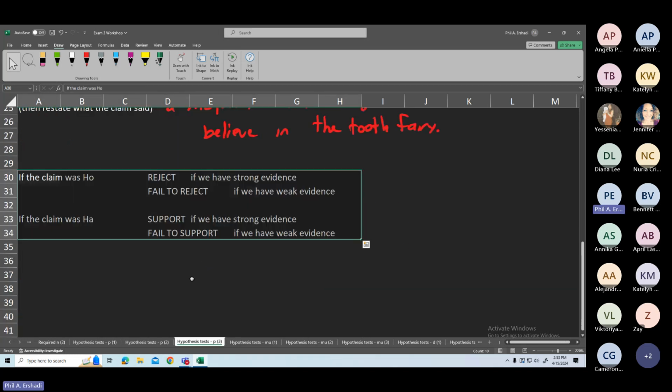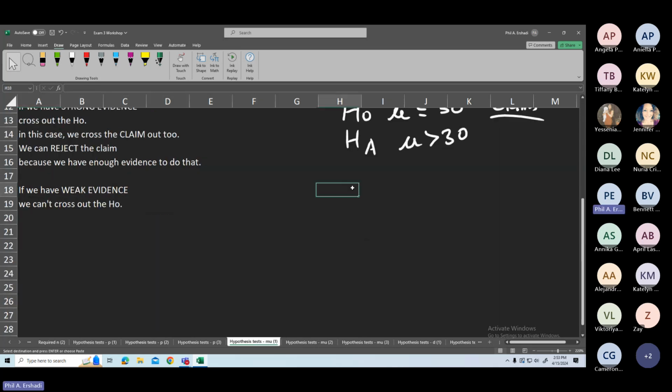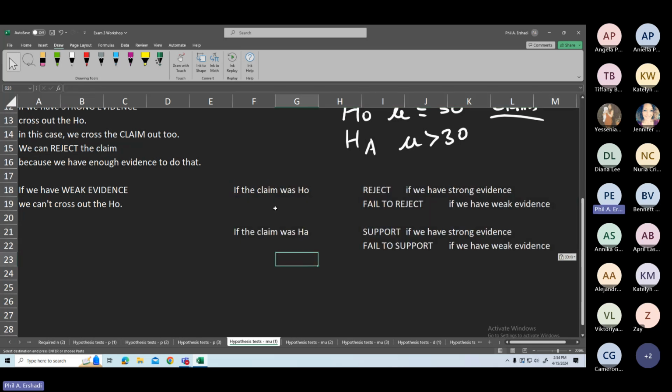Just to make sure we understand this. So if the claim was null, we reject if we have strong evidence and fail to reject if we have weak evidence. So because we can't cross out the null, we would fail to reject the claim because we don't have enough evidence to do that.